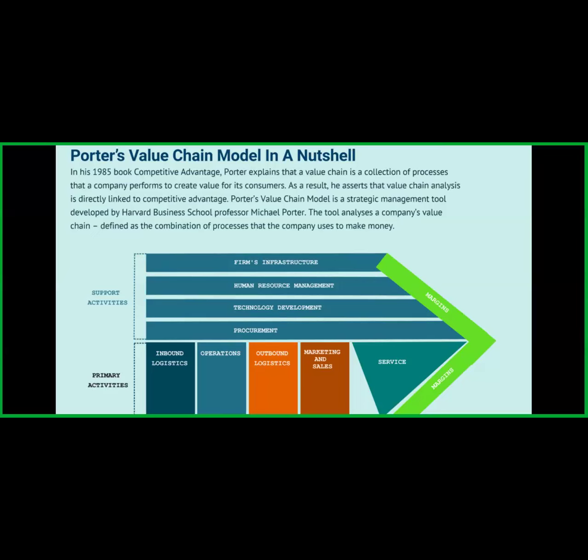Technology development, again, strategy related to what kind of technology the company will be using to manufacture the product of the company is covered under technology management.